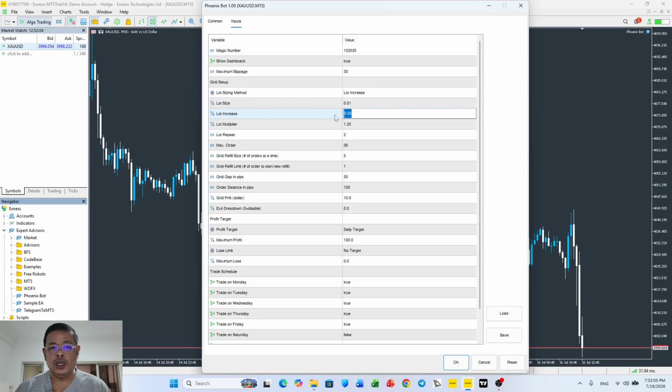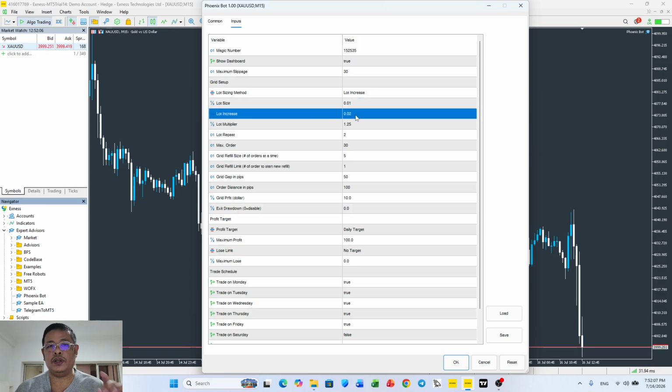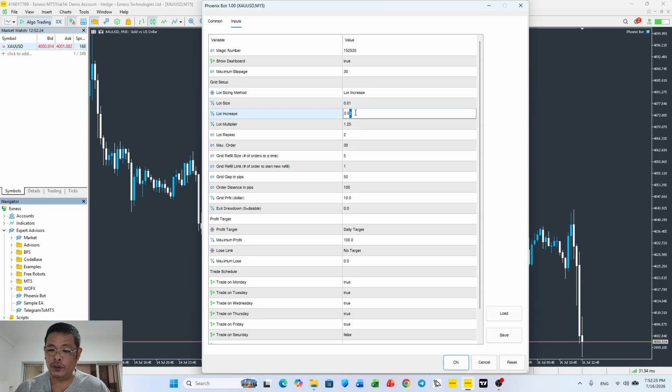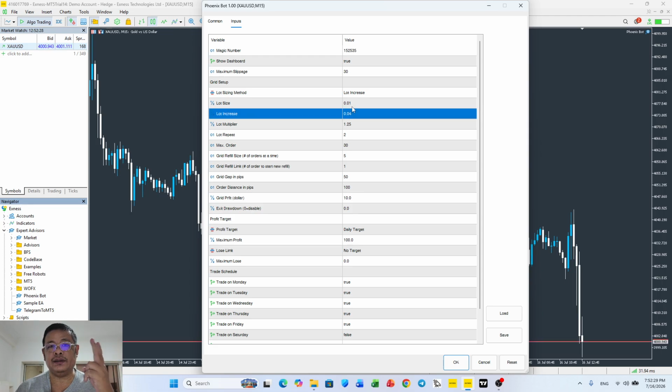For example, if you increase lot size by 0.02, to reach $10 the price needs to move at least $5 to close a profit of $10. But if you put it at 0.4, meaning when it increases to 0.5, it needs only $2 to reach $10.